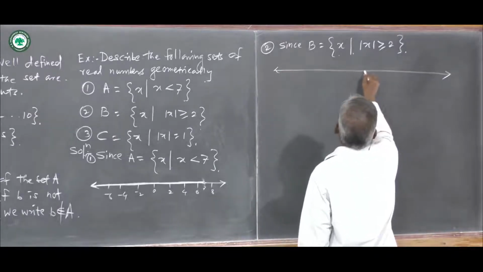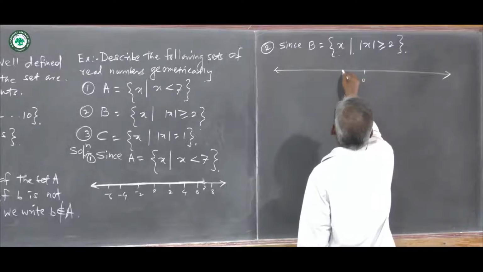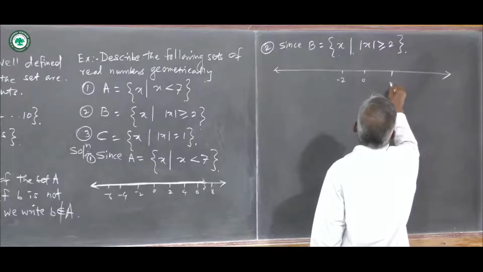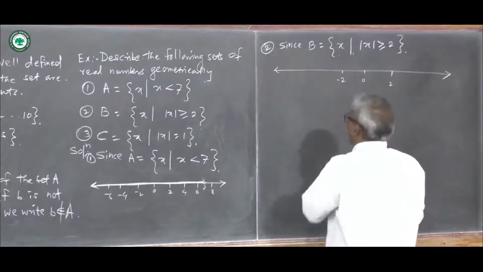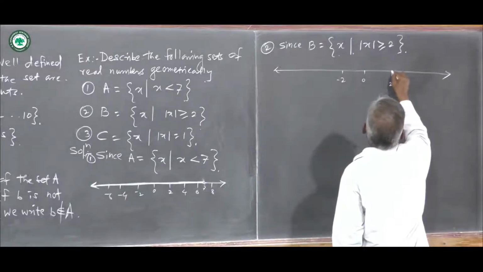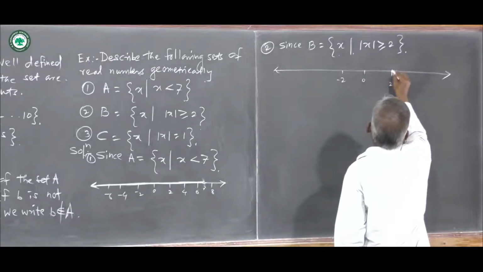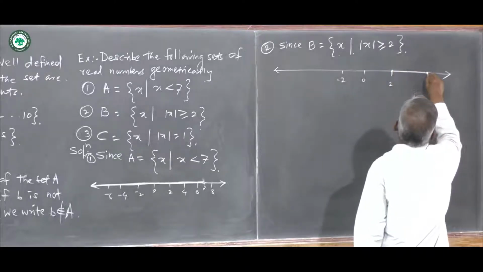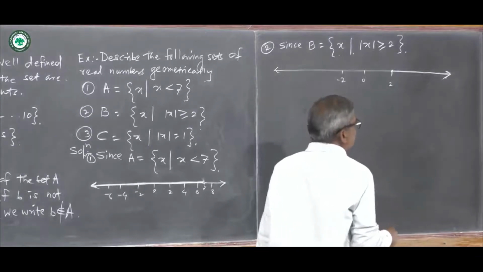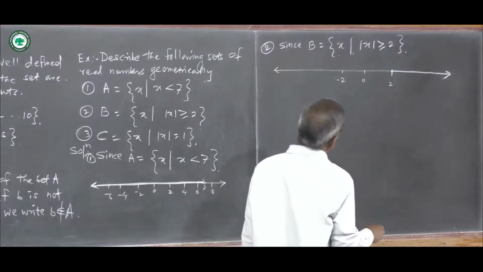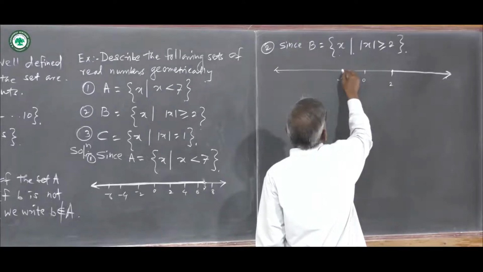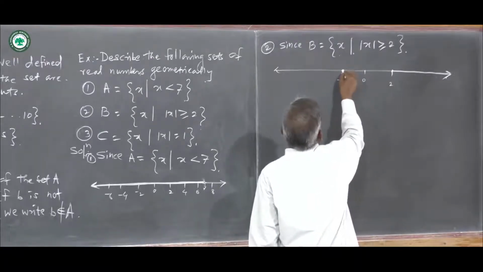Here is -2, origin, here is +2. All the elements greater than or equal to 2 and all the elements whose values are less than or equal to -2.